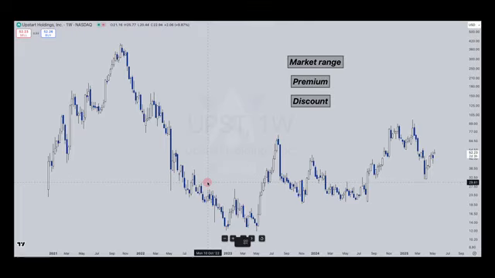Knowing that the market is going to trend upwards and create a series of swings, and those swings will have ranges, a start and an end point, you can plot the equilibrium, you can plot the premium of that range, and you can now plot the discount of that range.